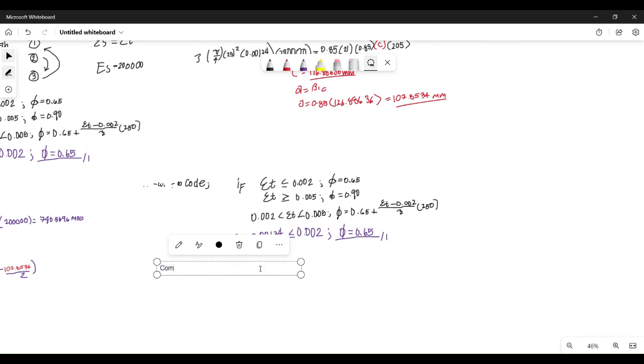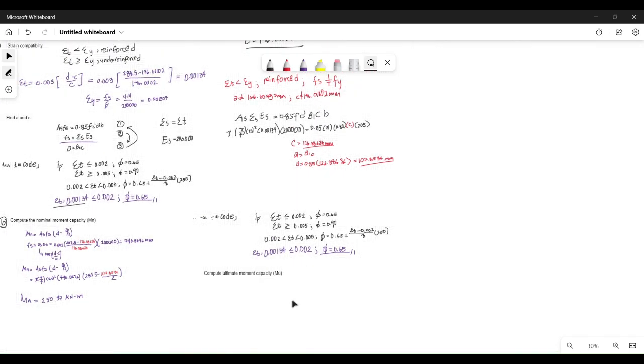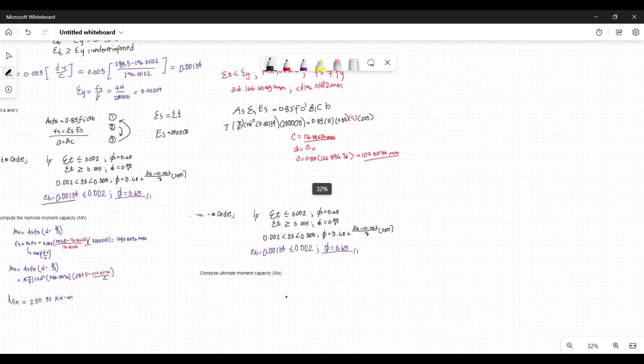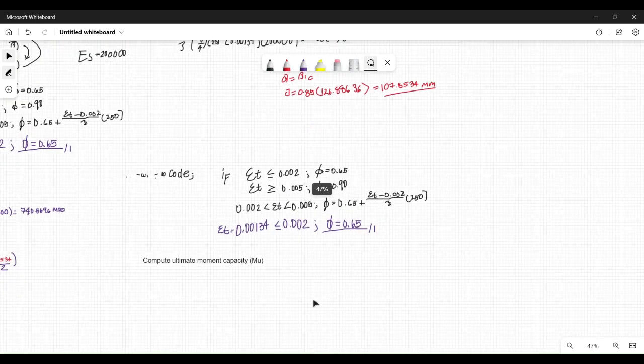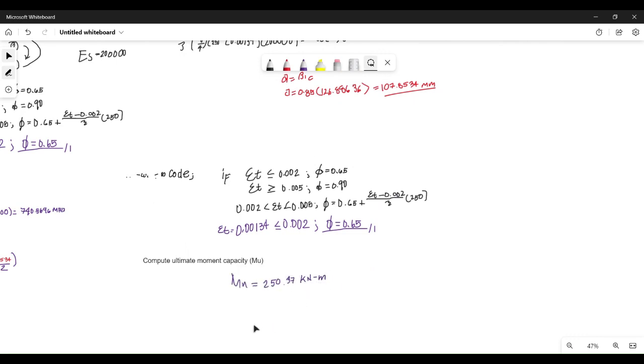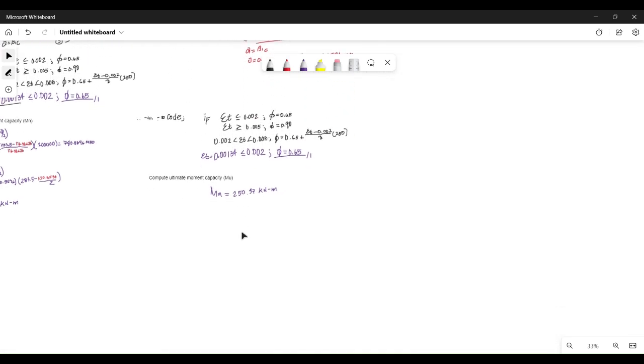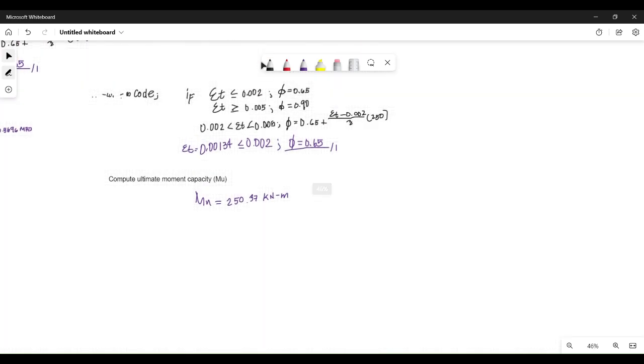Compute our ultimate moment capacity, or the MU. We already have a value of nominal moment capacity. Our MN here is equal to 250.37 kN per meter. So your MU is equal to phi times MN.